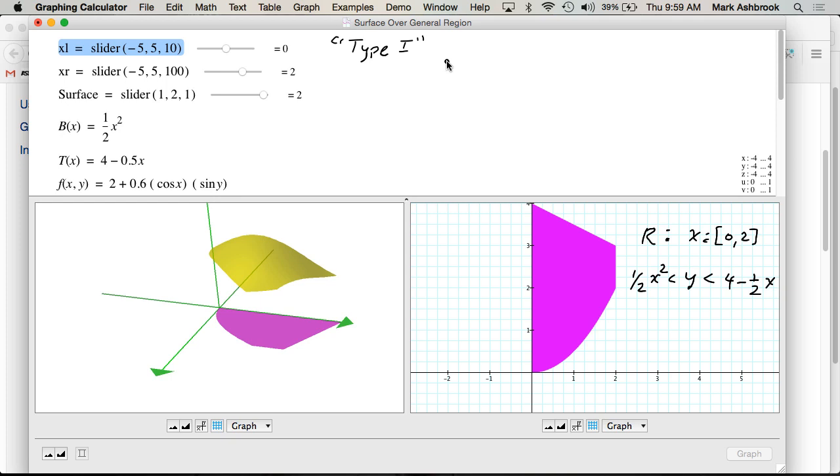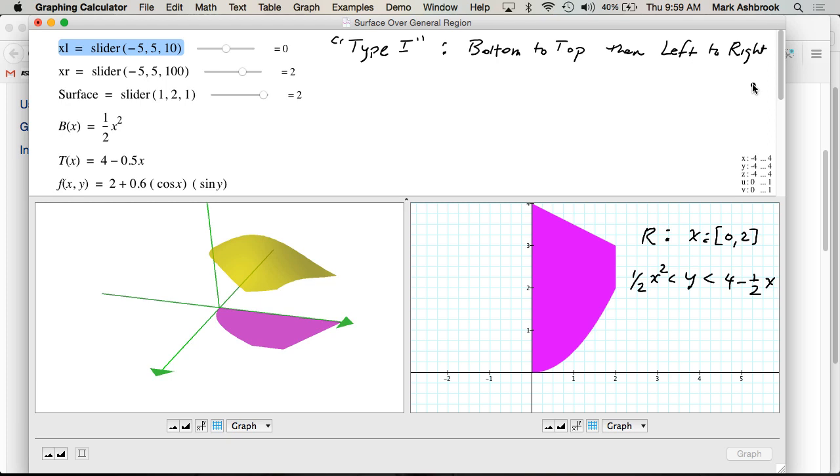A type 1 is where you're going to start by going bottom to top, then left to right. Now these bottom, top, left, right are all in the context of the R2 picture, looking at the graph on the right side.